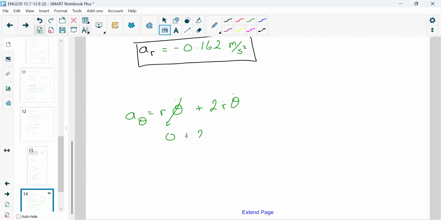So then we're going to have 2 times our r dot, which we already found, negative 0.05, and our theta dot is 0.5. So those two are going to cancel, and negative 0.05 is what we're going to end up with here. Now I have this in meters per second squared.